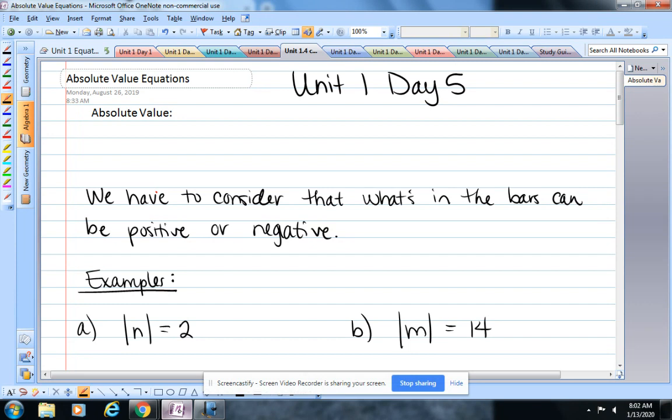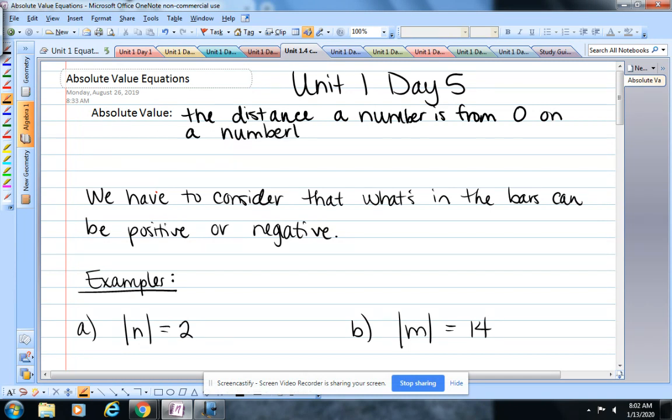Very good. Absolute value is the distance a number is from 0 on a number line. And what he said was also correct.